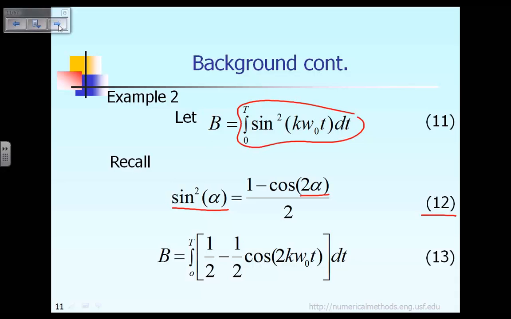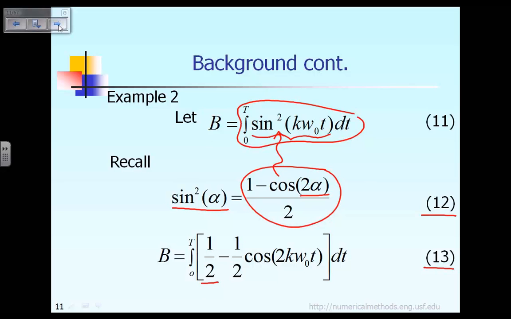Using the relationship in equation 12, we can replace sin squared of the angle with the cosine of the double angle. Substituting equation 12 into equation 11, we obtain equation 13. Now, if you look at equation 13, it is very easy to evaluate the integral, because the integral of the first term, 1/2, is simply 1/2 times t.